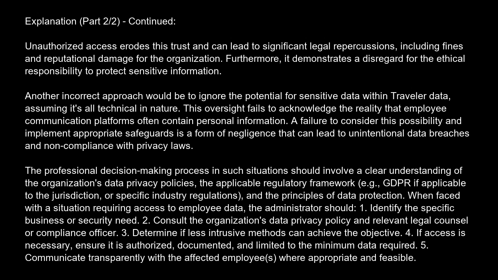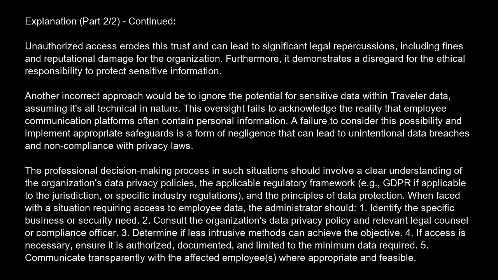The professional decision-making process in such situations should involve a clear understanding of the organization's data privacy policies, the applicable regulatory framework, e.g., GDPR if applicable to the jurisdiction or specific industry regulations, and the principles of data protection. When faced with a situation requiring access to employee data, the administrator should: 1.